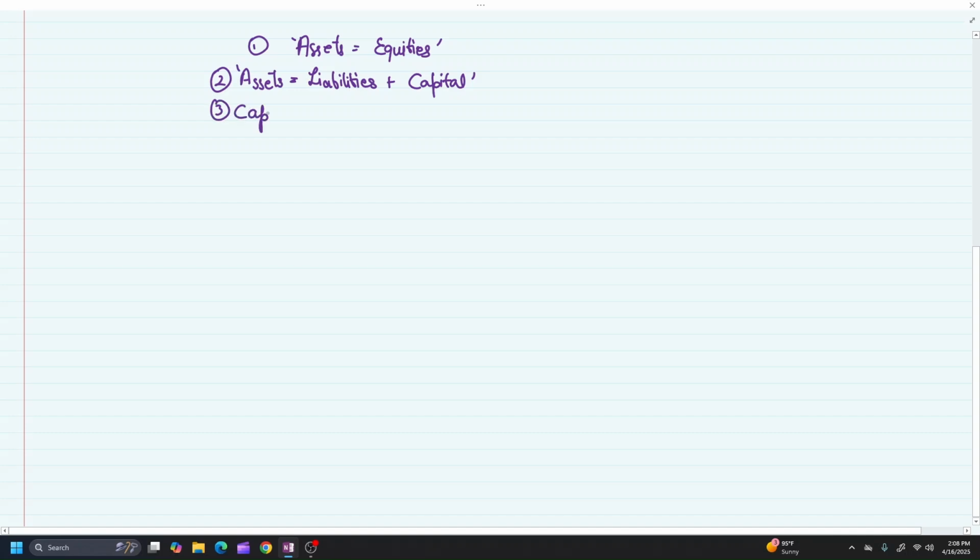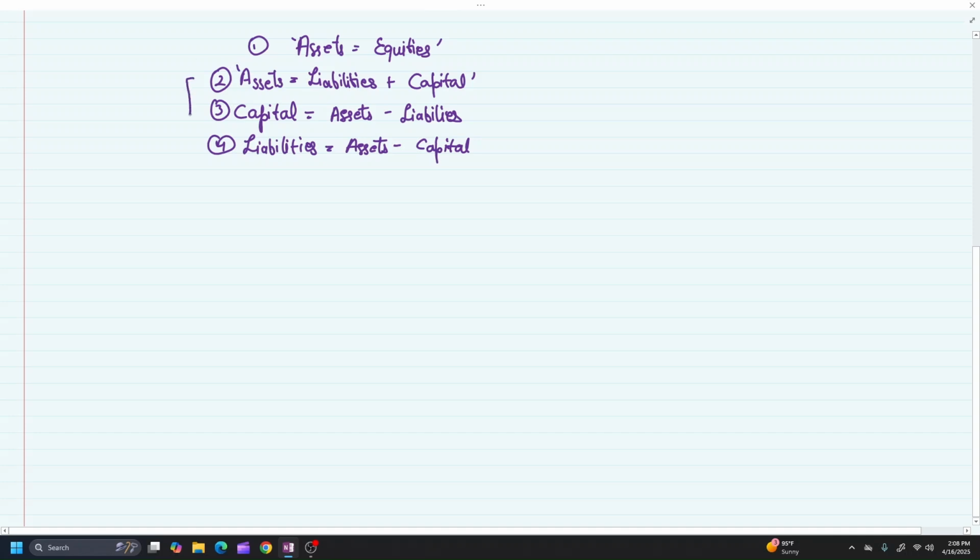Third, capital is equal to assets minus liabilities. Then fourth, liabilities is equal to assets minus capital.